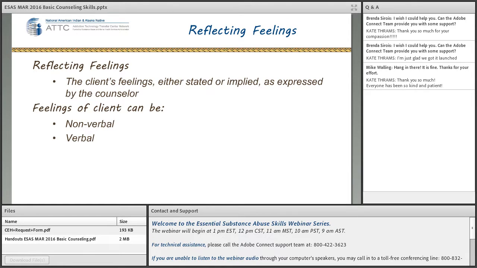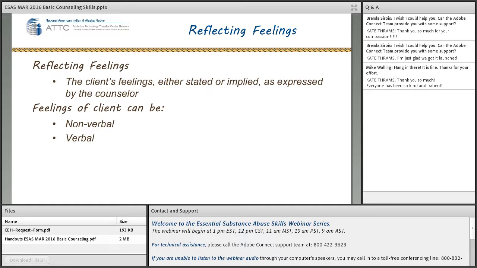Now we're going to talk about reflecting feelings. Reflecting feelings means the client's feelings, either stated or implied, as expressed by the counselor. Feelings of clients can be nonverbal or verbal. So a lot of times, it's really important to focus on how the client's sitting, how the client's moving in the chair, or facial expression.